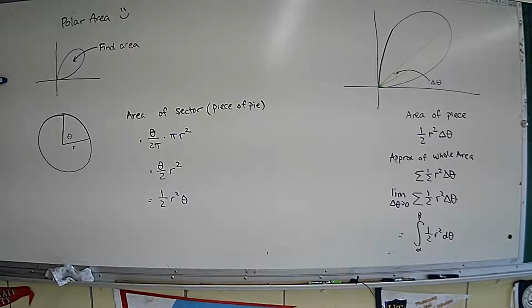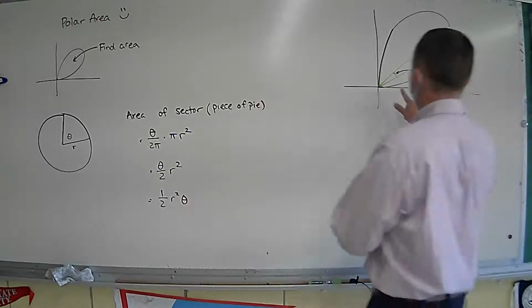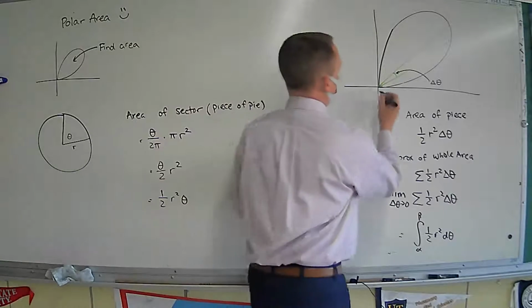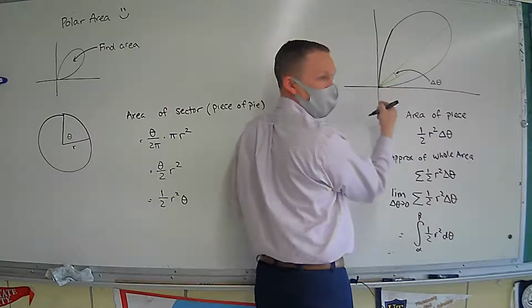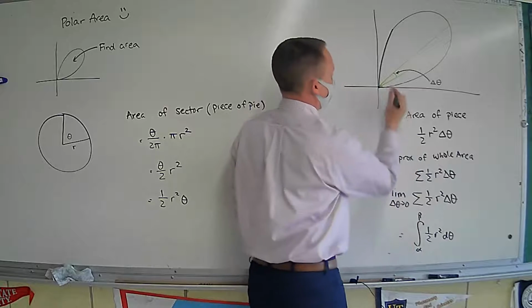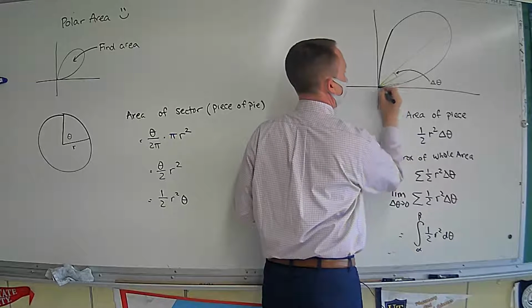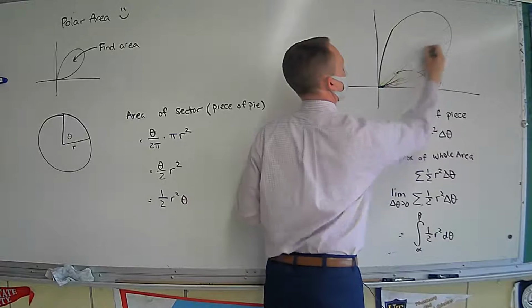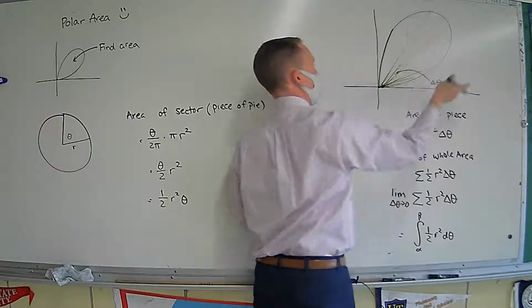Okay? So that formula right there is how you find out the area that's swept out by a polar graph. You just got to know the values of theta or the bounds of theta that will sweep out the area that you're wanting. Okay? So for example, in this leaf right here, as we increase theta from alpha to beta, we should sweep out that curve.